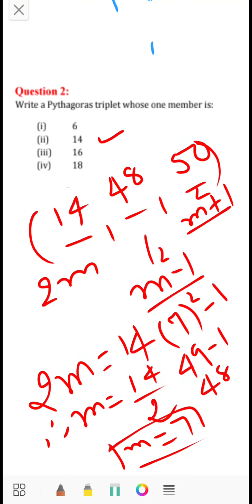You only need to know these formulas: 2m, m square minus 1, and m square plus 1. With the help of one of the members, you will get the value of m, and then by putting that value of m in the remaining, you will get the next two members. Okay, so this is how you can solve 6.2. In the next, we will continue with 6.3.